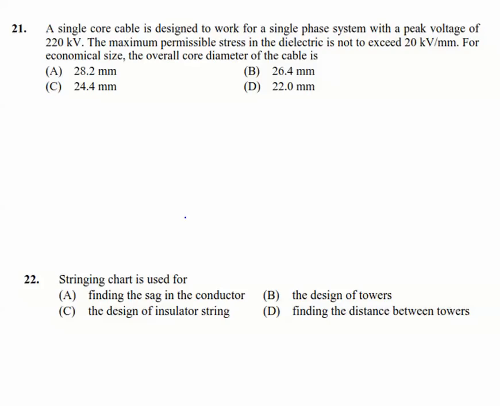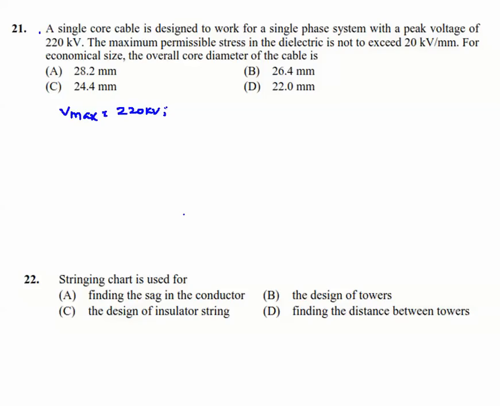Next question here on the screen, the 21st question. A single core cable is designed to work for a single phase system with a peak voltage of 220 kV. So peak voltage of 220 kV, so V max is 220 kV maximum voltage.